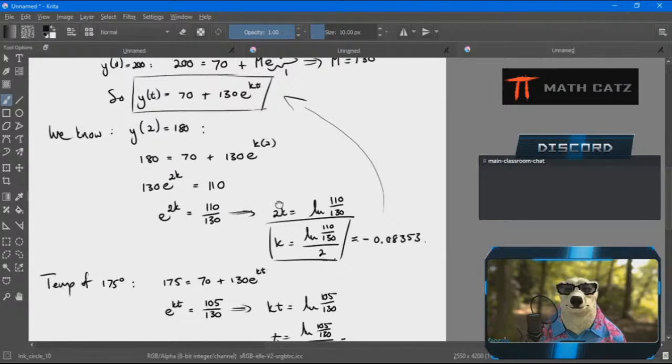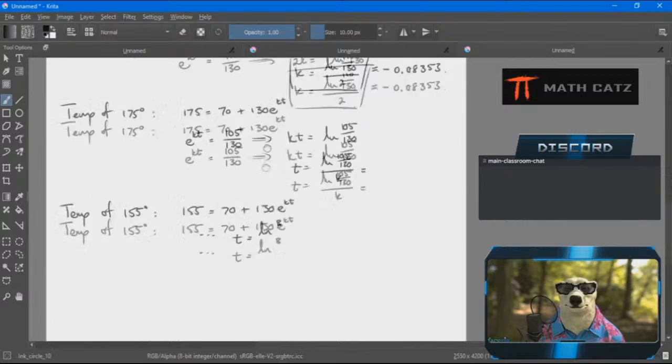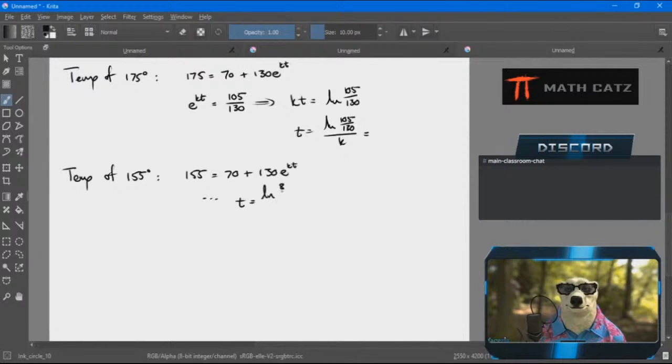It seems so familiar. I guess that was a different question. 155 minus 70 is 85. And then I divide by 130. Same argument as before. The pattern is always the same in these two questions.